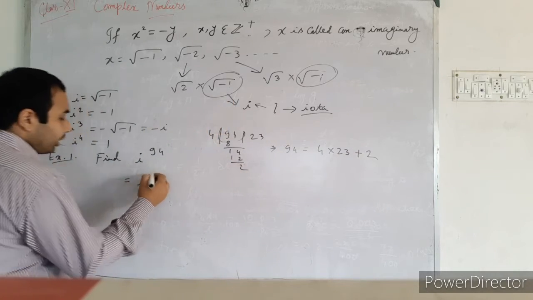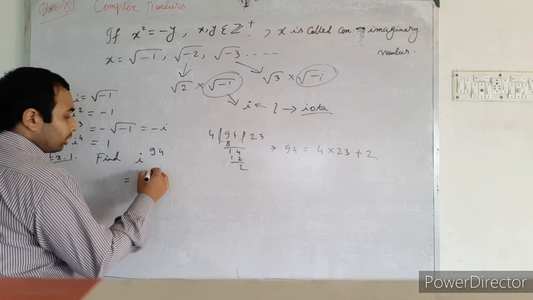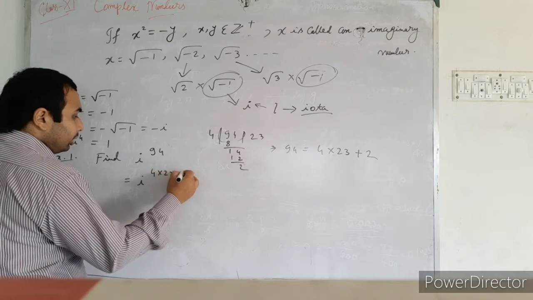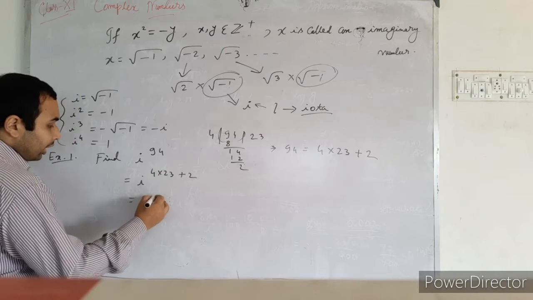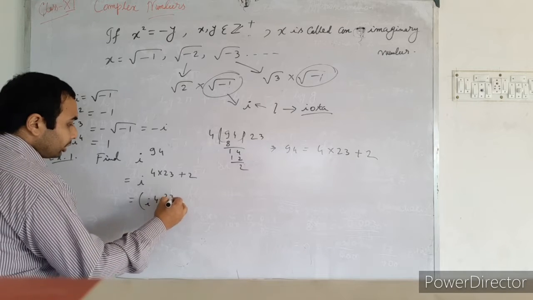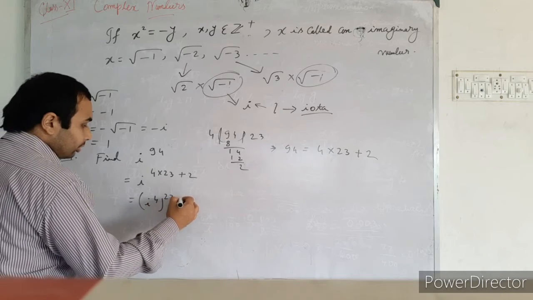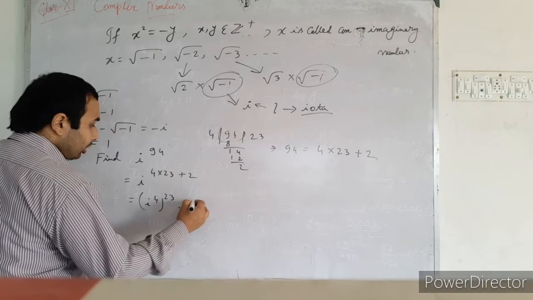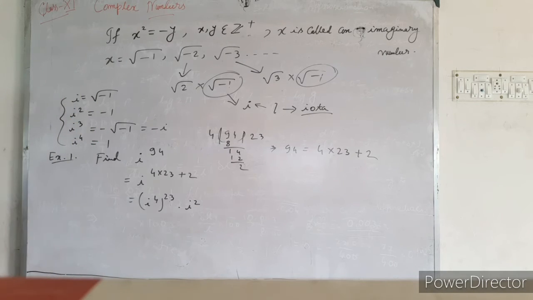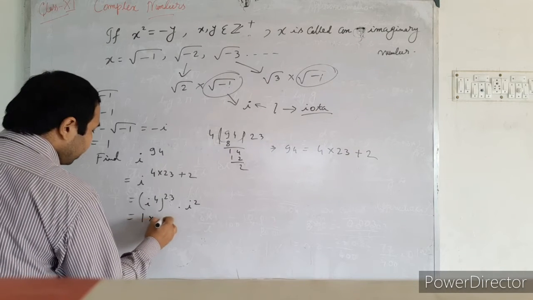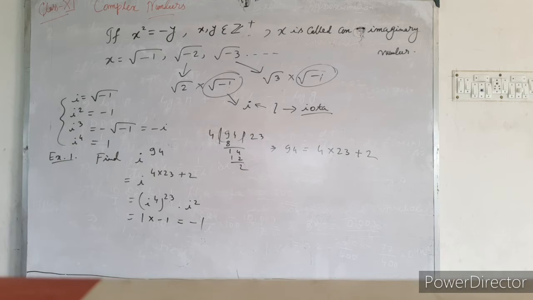So i to the power 4 into 23 plus 2, that means i to the power 4 to the power 23 into i square. So that is 1 into minus 1. So definitely it will come minus 1.